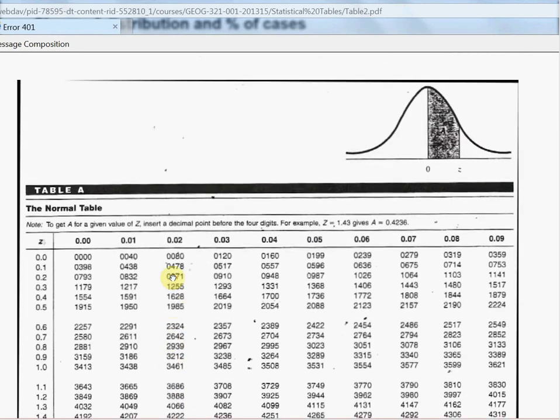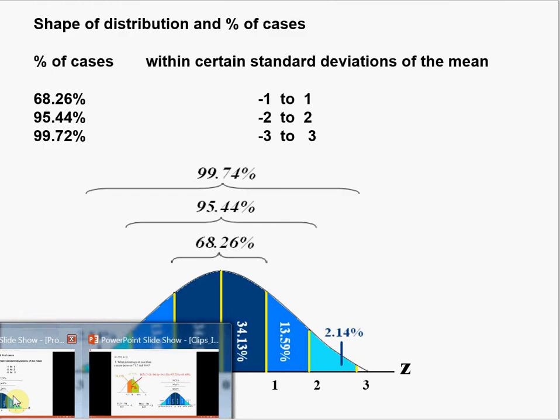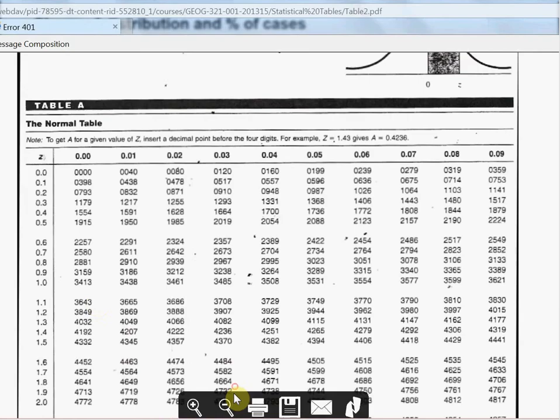This normal distribution table has the first column that tells you the z-score. The z-score is like on this chart, where we have a z-score here at the bottom. And also on this table, you have percentages here.